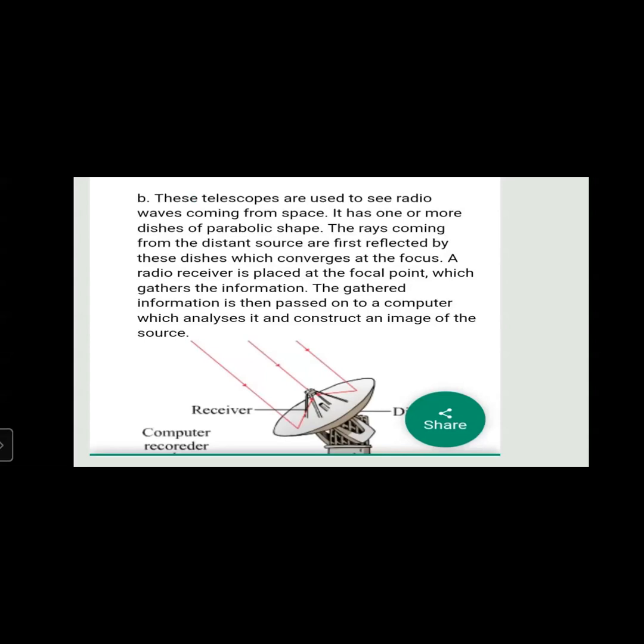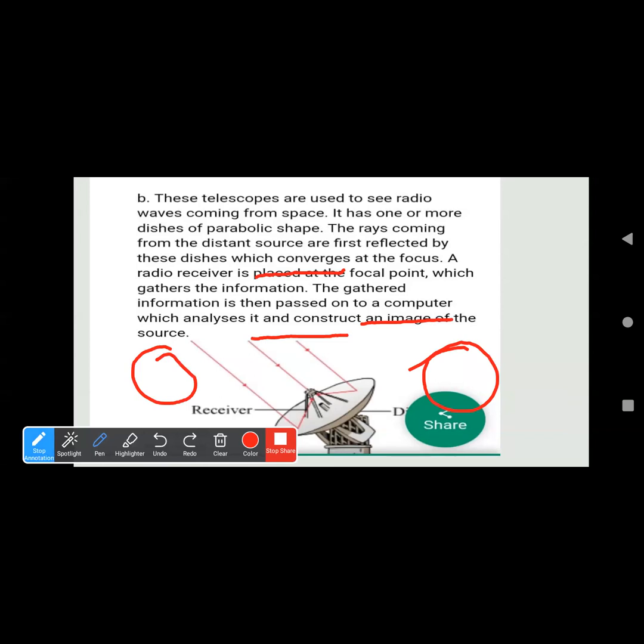So construction of radio telescope. These telescopes are used to see radio waves coming from space. It has one or more dishes of parabolic shape. So this is important when you're writing the construction. It has got the dish which is of parabolic shape.